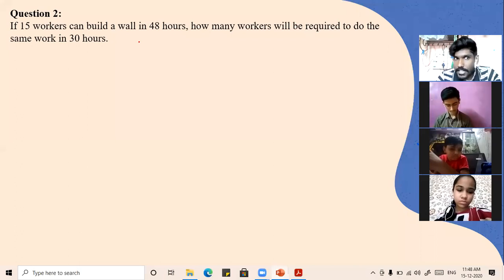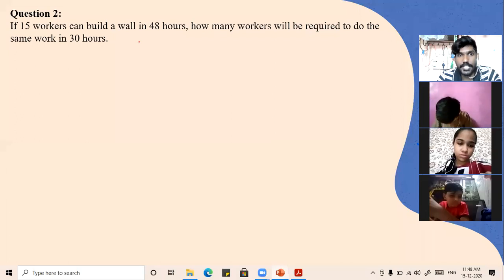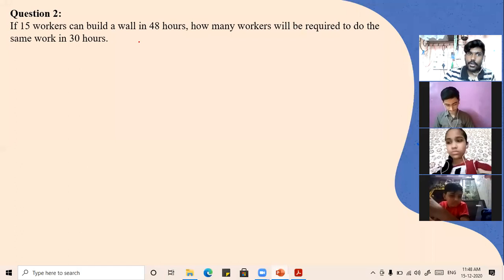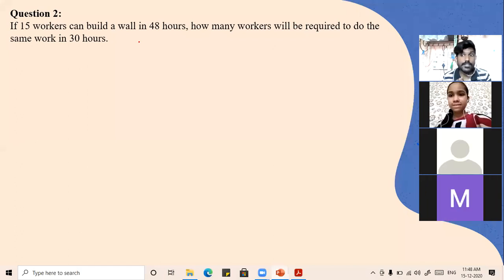Now, note that nowhere in the question is it mentioned that it is inverse variation. But since you already know that when it is the number of workers and the time taken by those workers to complete the work, such a problem will be of inverse variation only.